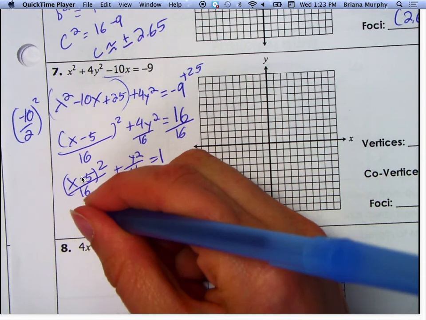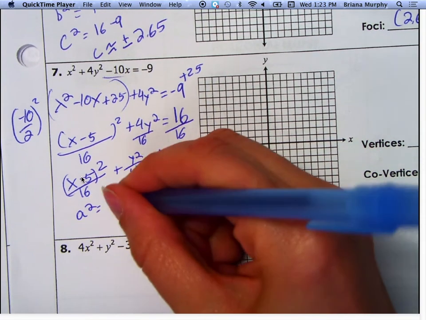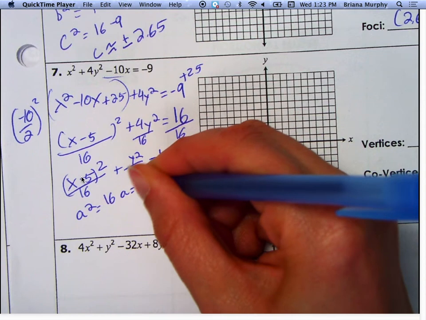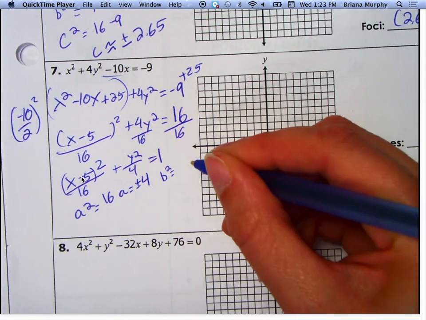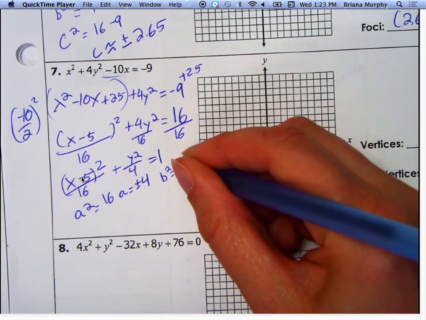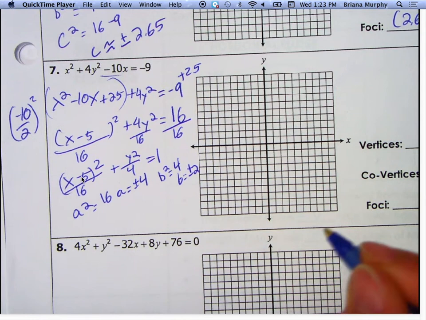What is a squared? So what's a? Plus or minus 4, good. What is b squared? So what is b? Plus or minus 2. How do I find out what c squared is?